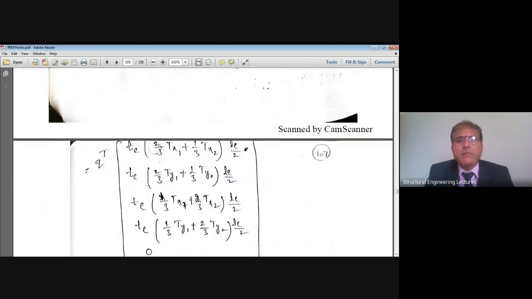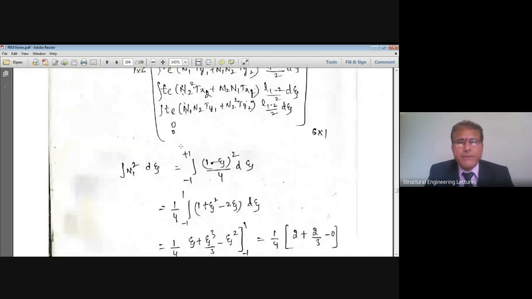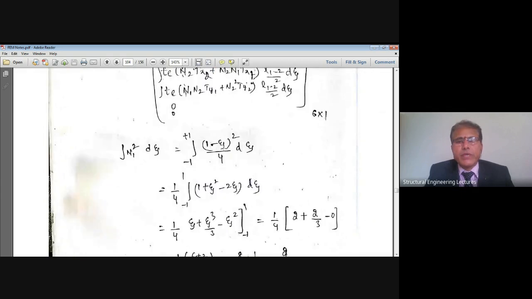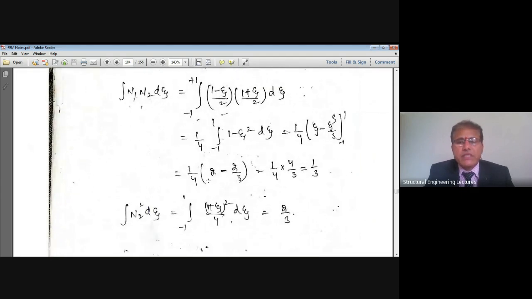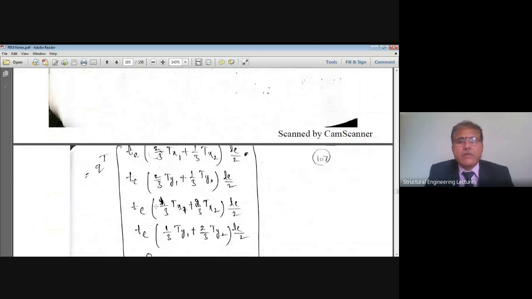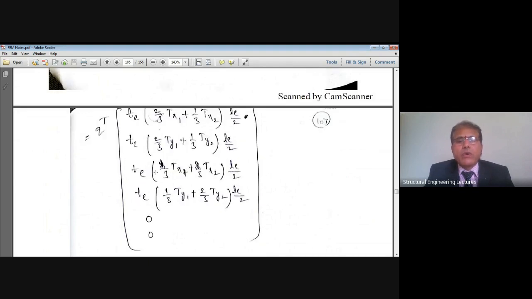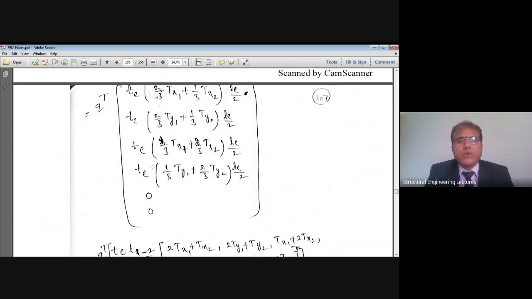Similarly, the second row is t multiplied by 2 by 3 ty1. And n1 square is 2 by 3, n1 n2 is equal to 1 by 3. That is why I'm substituting here. Substituting which, I get the second row as t multiplied by 2 by 3 ty1 plus 1 by 3 ty2 multiplied by le by 2, and the third row te: 1 by 3 tx1 plus 2 by 3 tx2 le by 2, and the fourth row te multiplied by 1 by 3 ty1 plus 2 by 3 ty2 multiplied by le by 2.